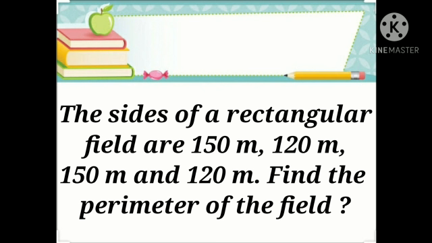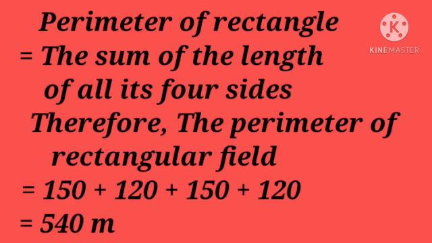Our next sum is: the sides of a rectangular field are 150 meter, 120 meter, 150 meter and 120 meter. We have to find out the perimeter of the field. So the perimeter of a rectangle is equal to the sum of the lengths of all its 4 sides.